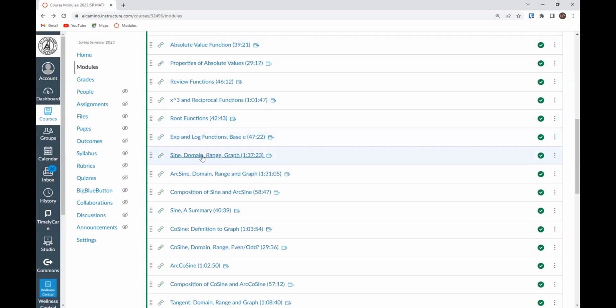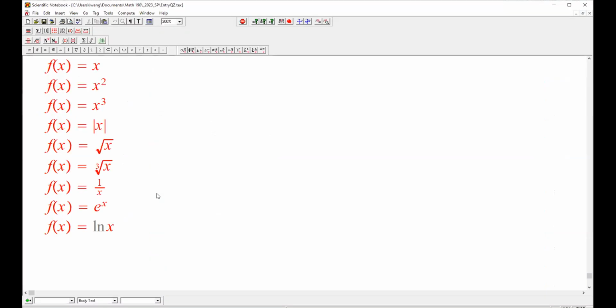Now look at the trig functions. All the trig functions. What are they? Sine, cosine, tan, cotan, secant, cosecant, 6 of them.